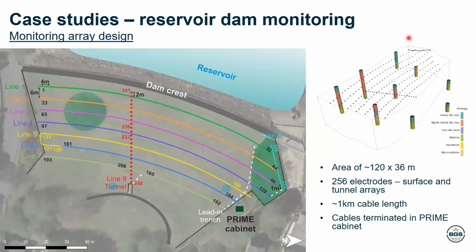So we spread 256 electrodes in this case as a grid over the surface of the dam, which are basically laid out in lines parallel to the dam orientation, if you like.